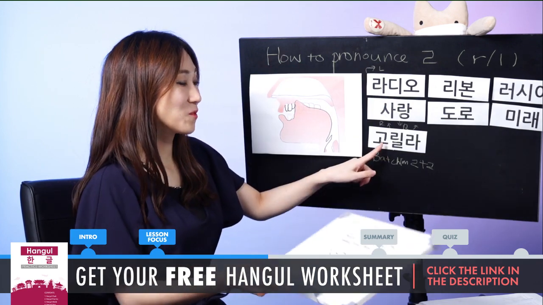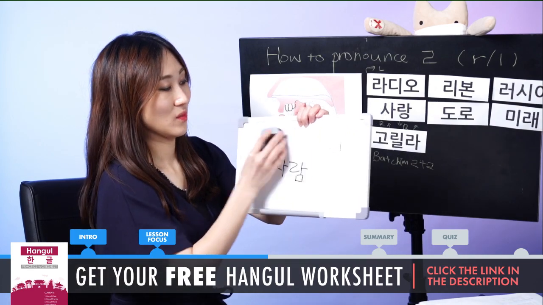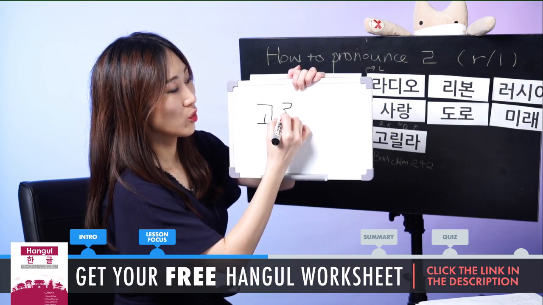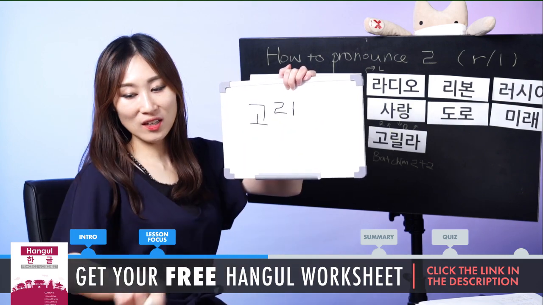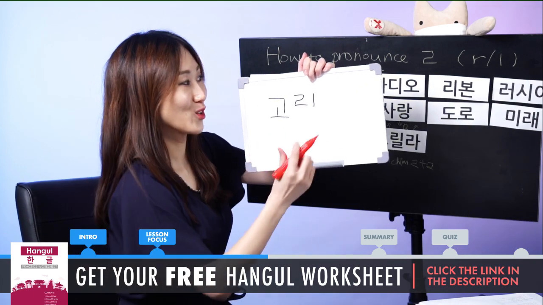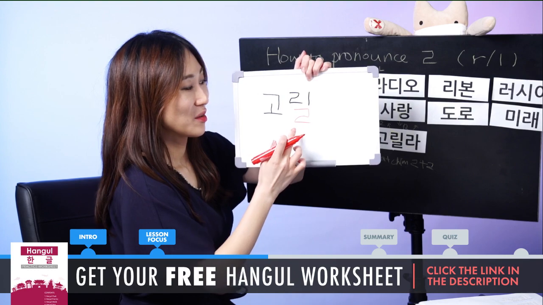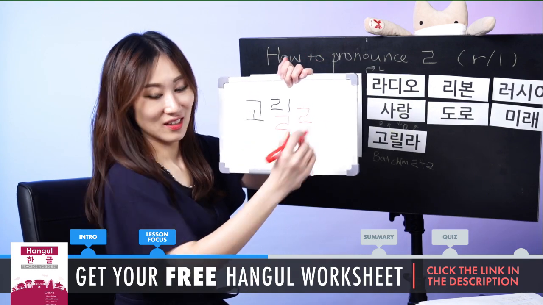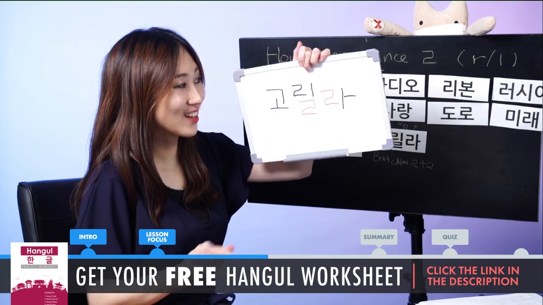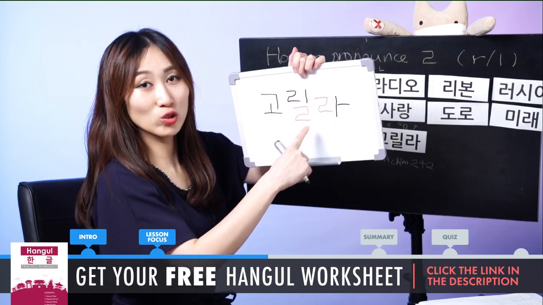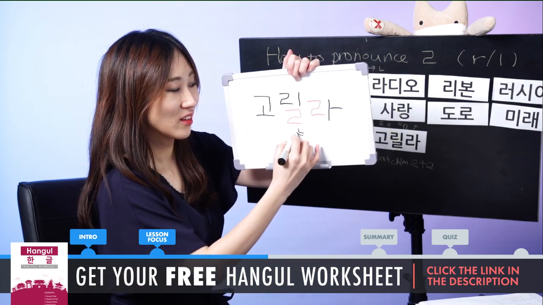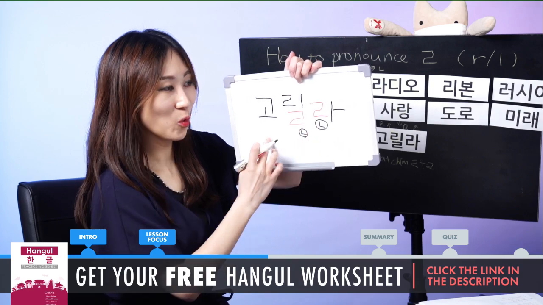But just like gorilla, I use this red color because it's important. Oh, there are two real. So when there are two real, it's kind of like L sound. Gorilla.